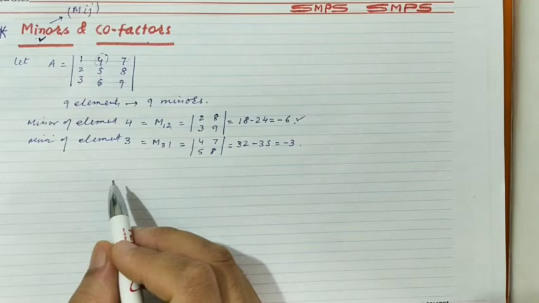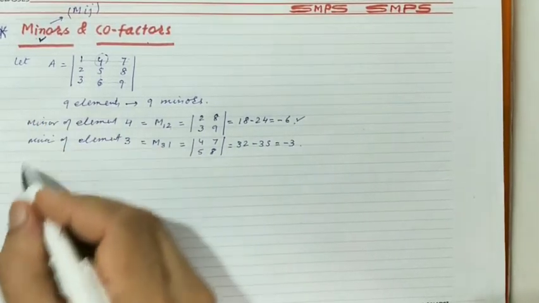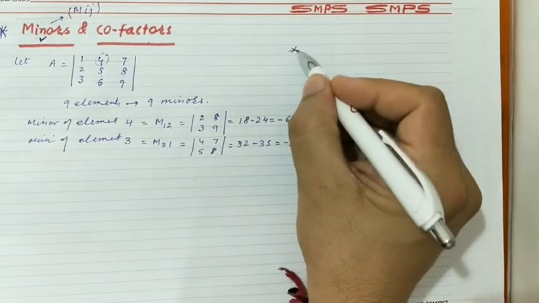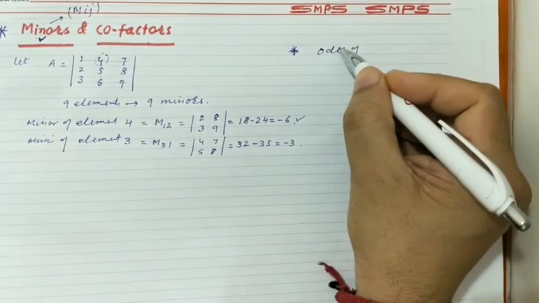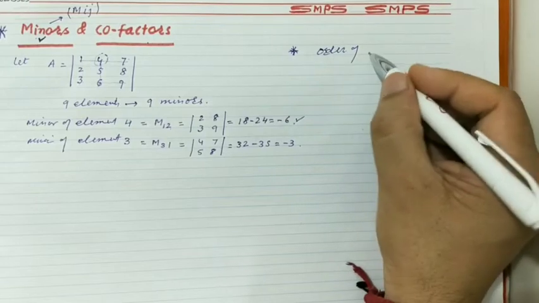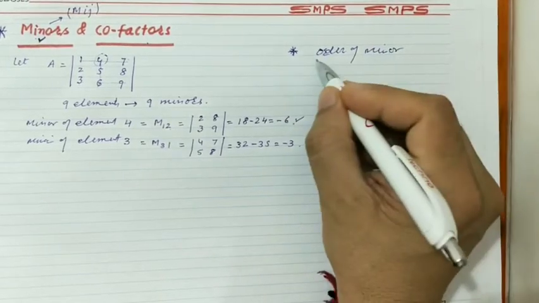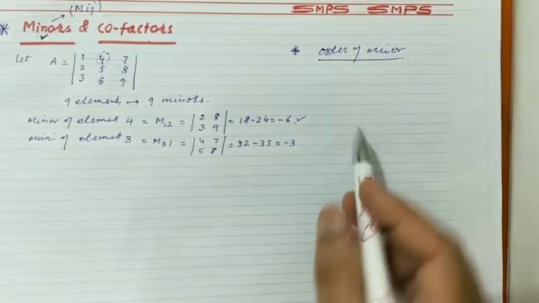Got it? Now, one more point we'll discuss here: order of a minor.